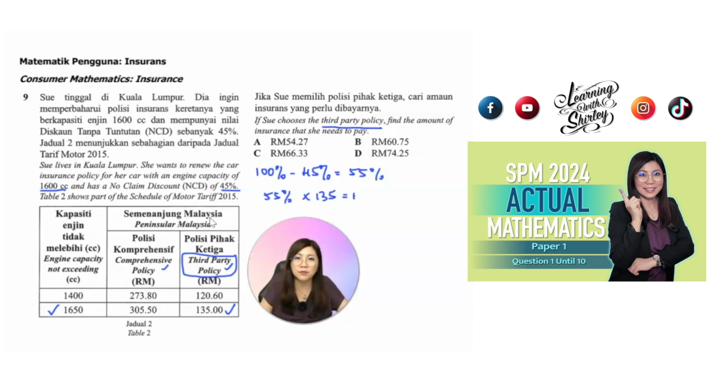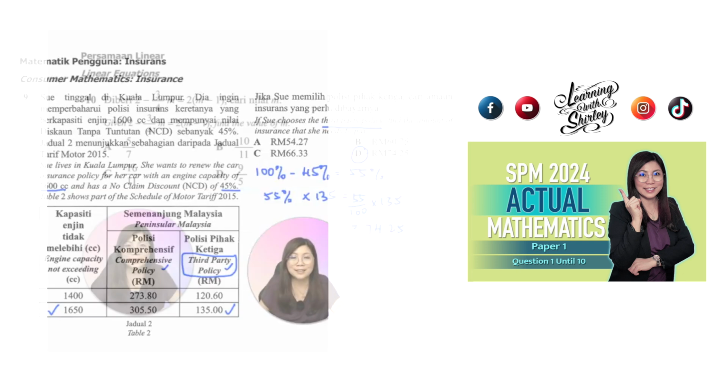Okay, so which means it's 55 over 100 times 135. Let's calculate with the calculator. So 55 over 100 times 135 is 74 ringgit and 25 cents. Okay, 74.25. So the answer is D.